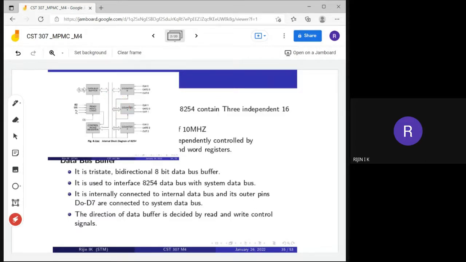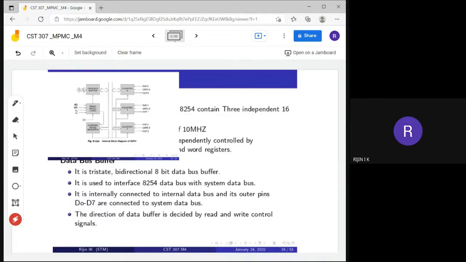This data bus is connected to the internal bus of the 8254 IC, and the pins D0 to D7 are connected to the system data bus. System data bus means our microprocessor data bus.